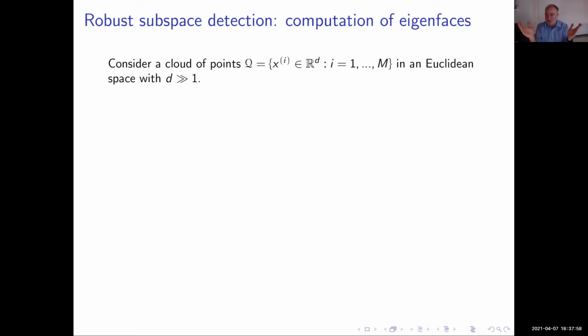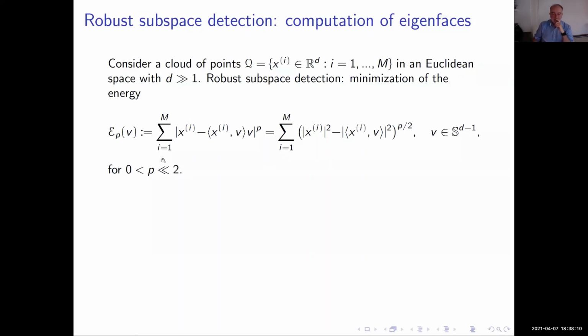This is a classical regression problem if you consider minimizing the square distance of the points from the subspace. So for p equal to 2, say if the points are xi, we want to find that vector v that represents the direction of the one-dimensional space in such a way that the distance of the points from this subspace is minimized.